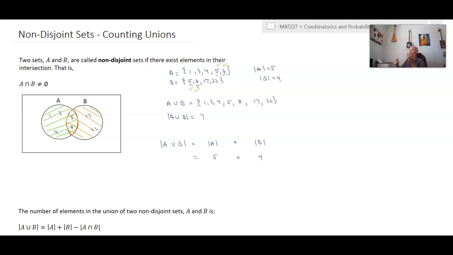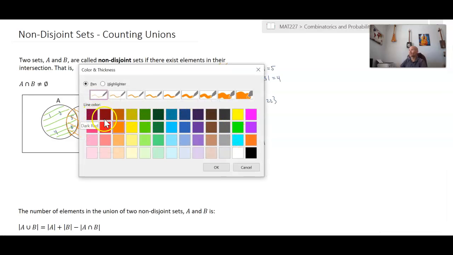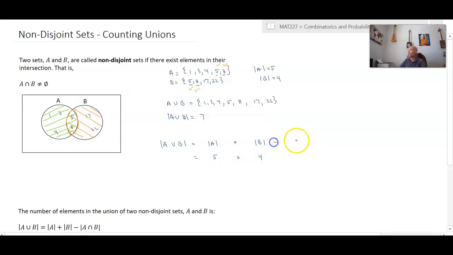We added in some elements too many times. And so if we're going to add together the number of elements in A with the number of elements in B, and we end up double counting, what we need to do is subtract away the number of elements that they have in common.